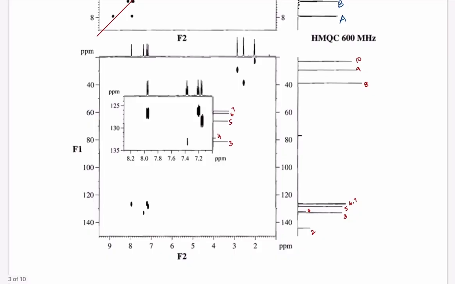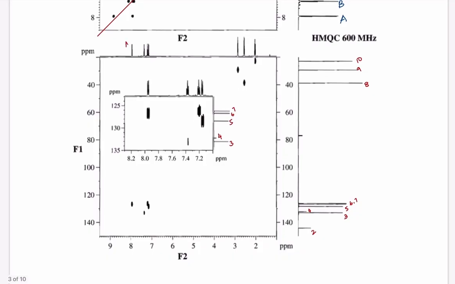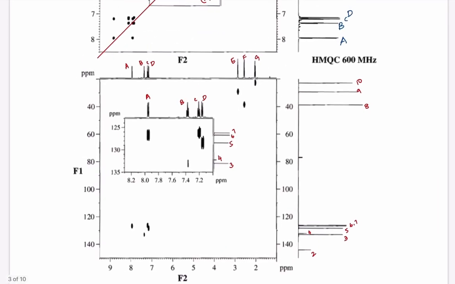And let's also label the hydrogens. So that's going to be A, B, C, D, E, F, G. And then this is going to be A, B, C, D. Now all we are going to do here is just draw the perpendicular lines. So let's do it. And then for the aromatic section, let's work with this.